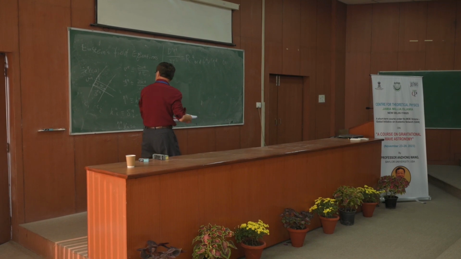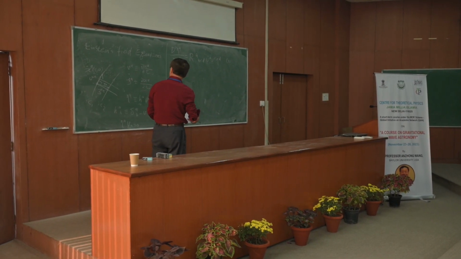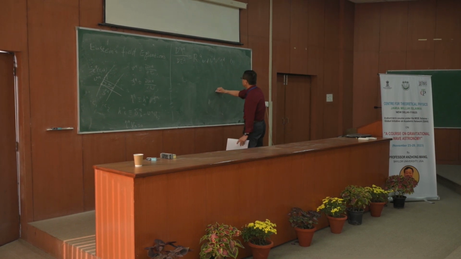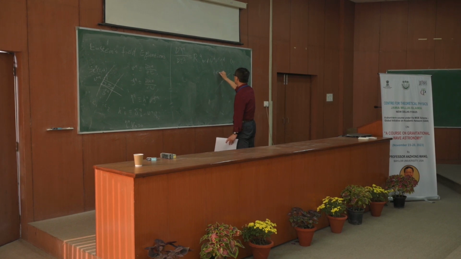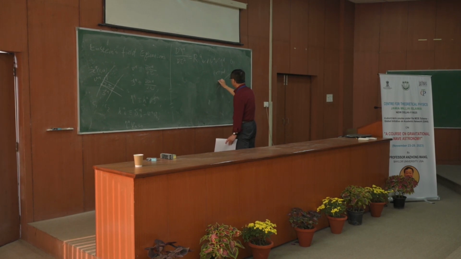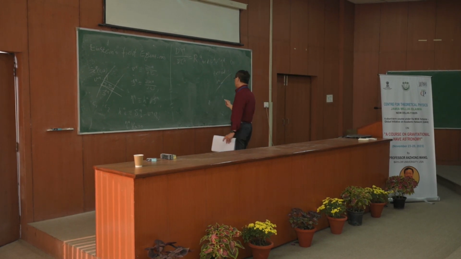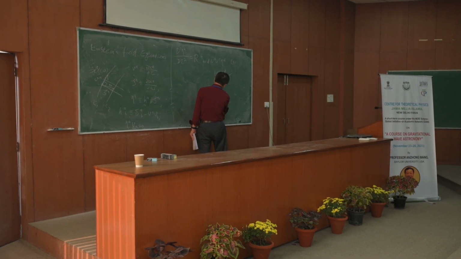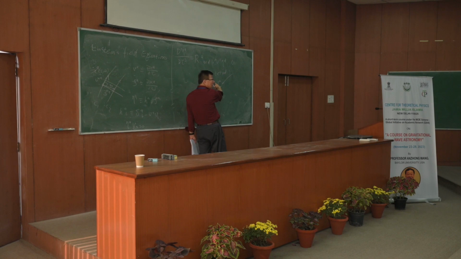Okay. So now, like I said, we are going to introduce a tetrad. What we do is construct a small set of vectors, like the tangent vector of the geodesic.